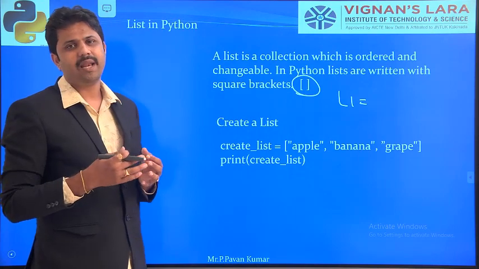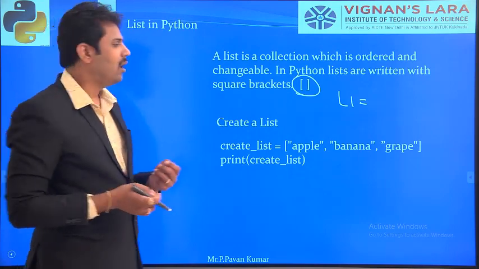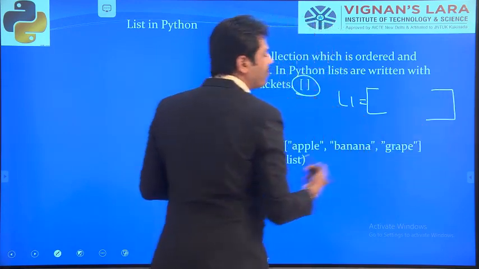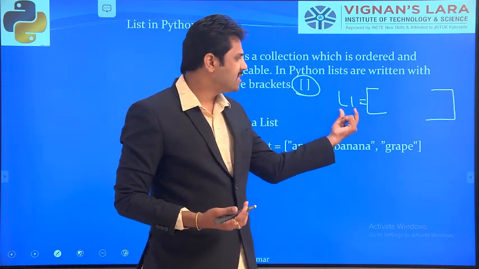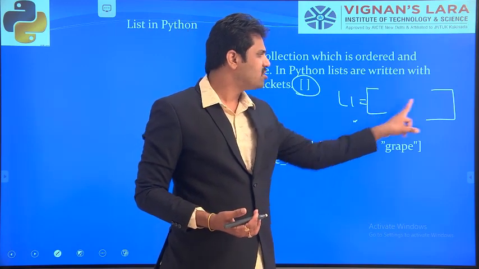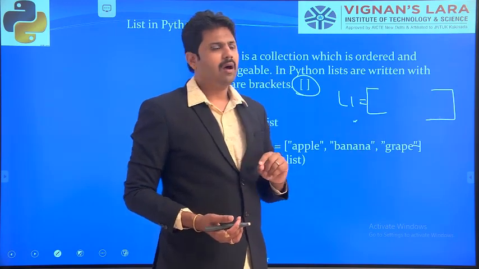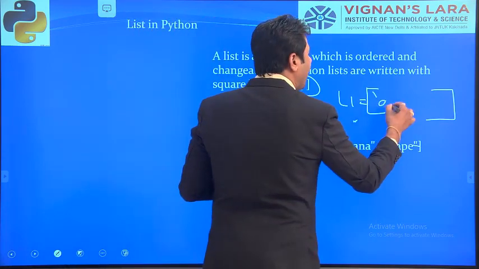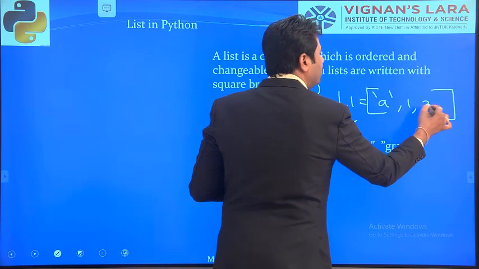It is similar to arrays in C programming. L1 is the name of the list, which is equal to, I just start with square brackets. In that I can insert values like A, 1, 3, 1.